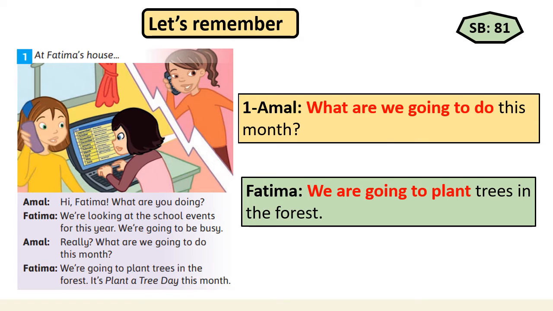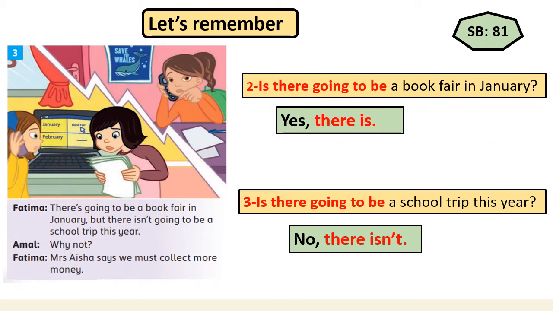And the question: is there going to be a book fair in January? And the answer is yes, there is. Number 3: is there going to be a school trip this year? No, there isn't.